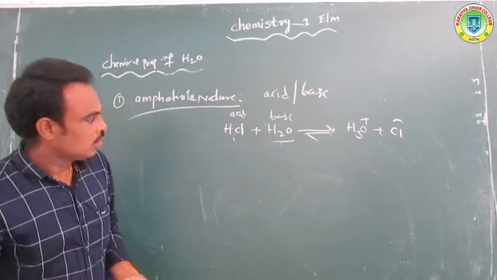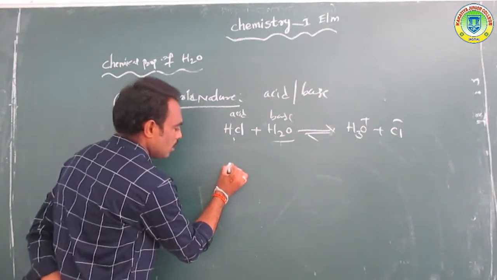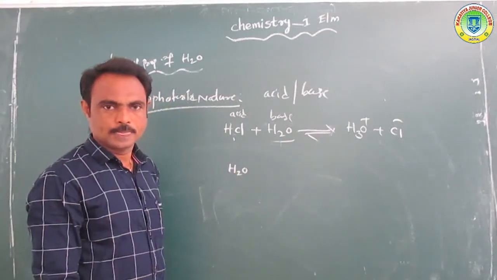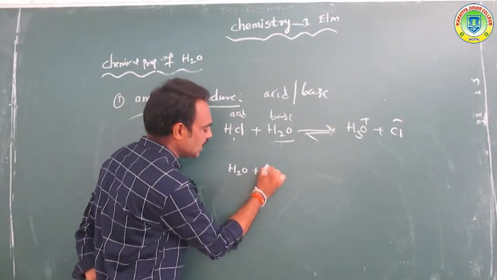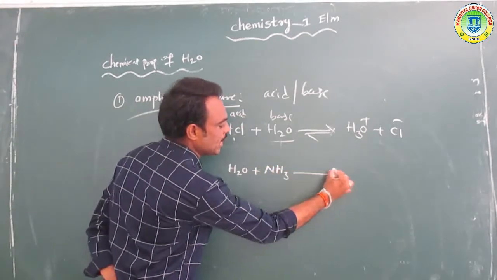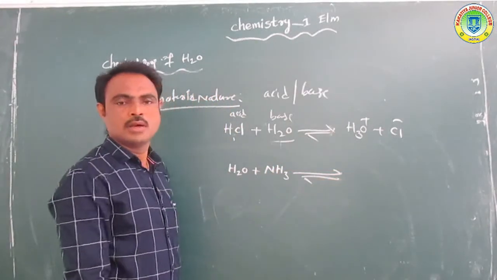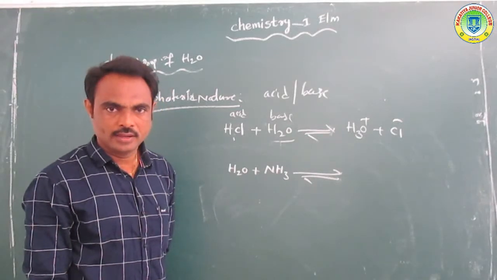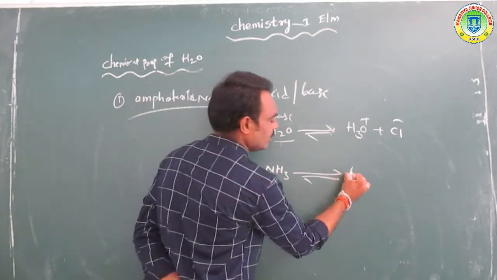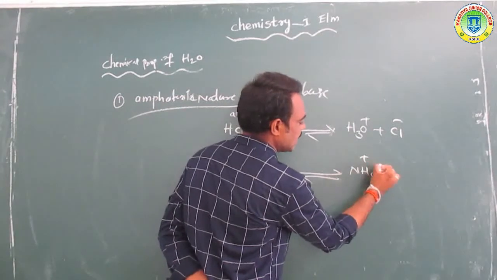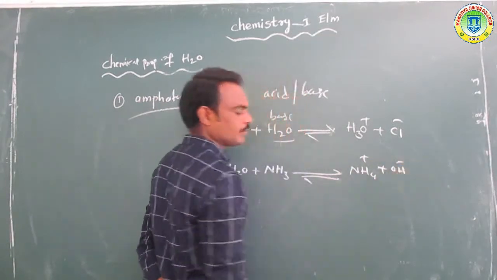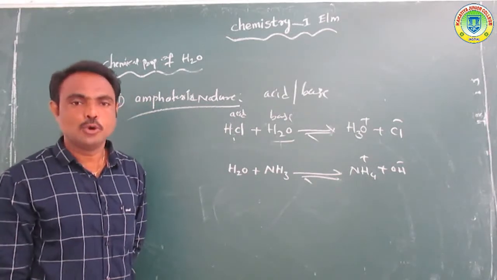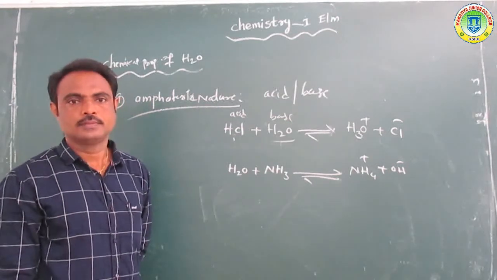Suppose H2O, the water molecule, reacts with ammonia, NH3, to form NH4 plus and OH minus. Okay, NH4 plus means ammonium ion.